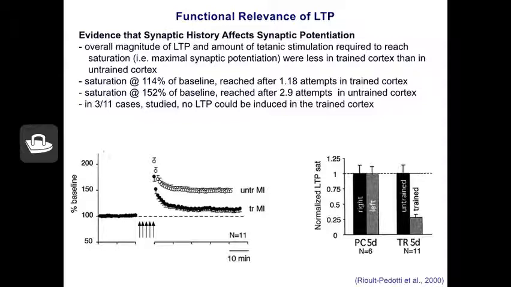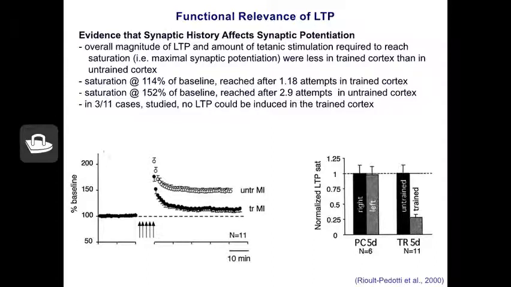And on the other hand, tetanic stimulation of the untrained cortex increased the synaptic strength to 152% of baseline, and it took an average of 2.9 trains of stimulation to get there. This makes it seem like the untrained cortex was much more potentiable.